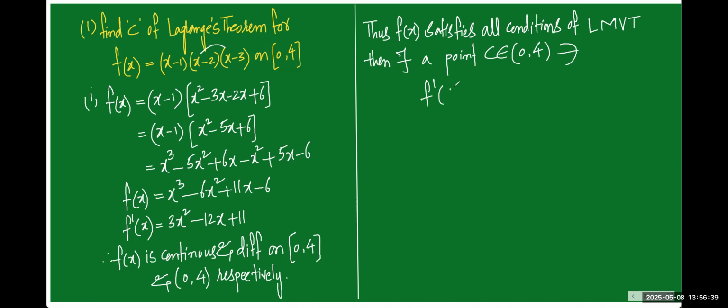F dash of C is equal to F of B minus F of A by B minus A.